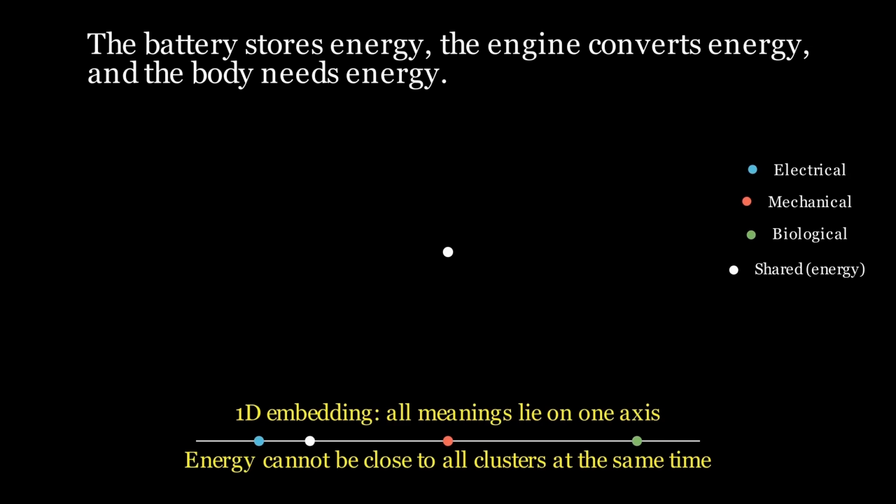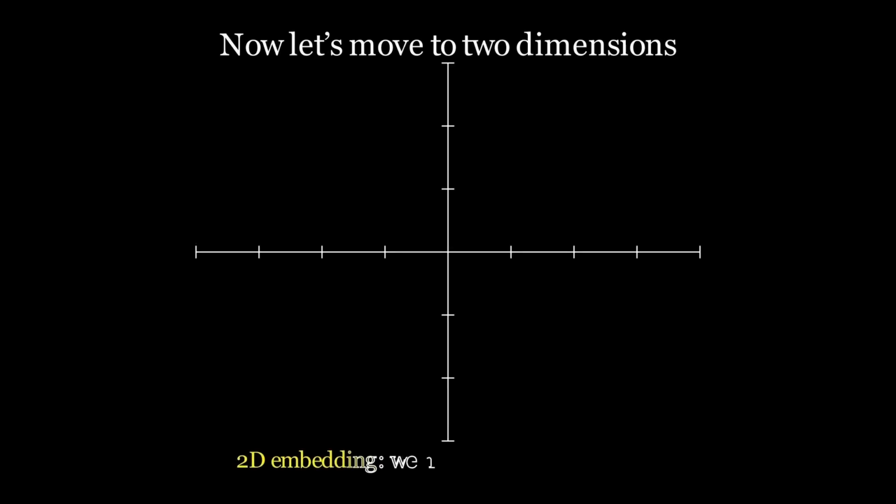When we move energy closer to one group, it automatically moves away from the others. In one dimension, we are unable to place energy at the same distance from all groups. This is not a training problem, it is a geometric limitation. One dimension is not enough to satisfy our objective.